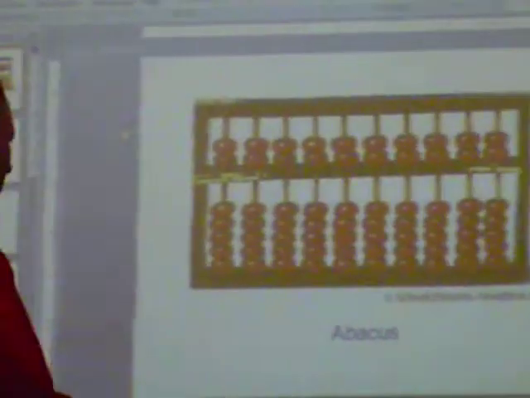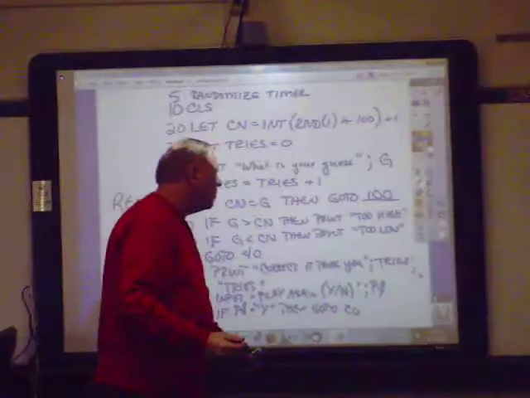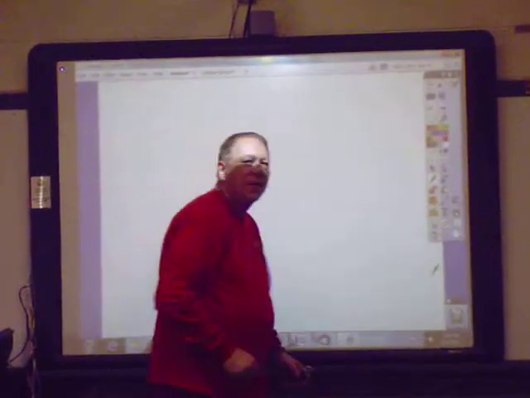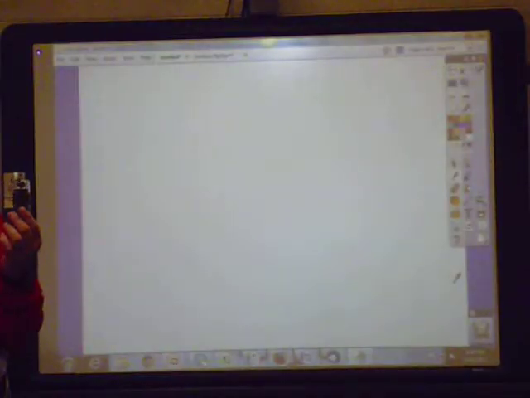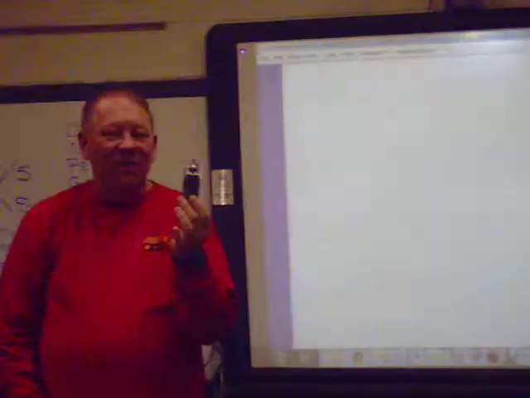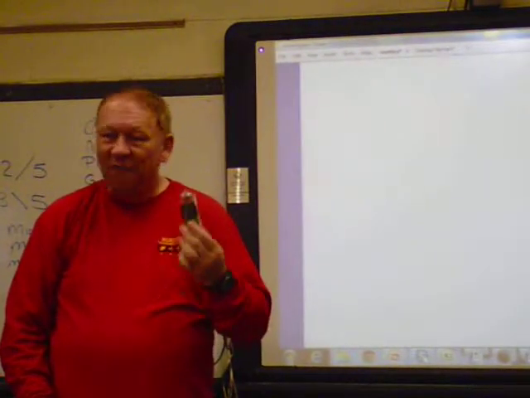it represents a 1 or a 0. That's it. That's all the computer can do, is recognize whether something's a 1 or a 0. If this was on, it represented a 1. If it was off, it represented a 0.